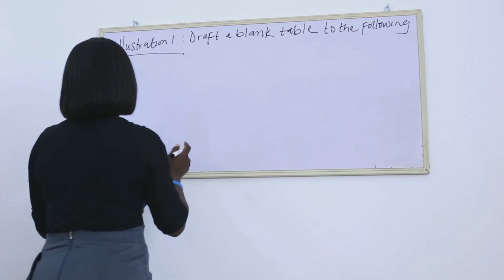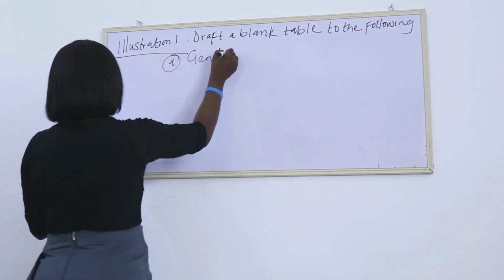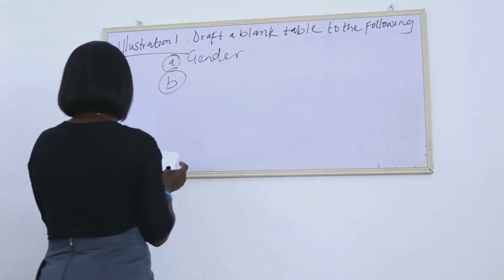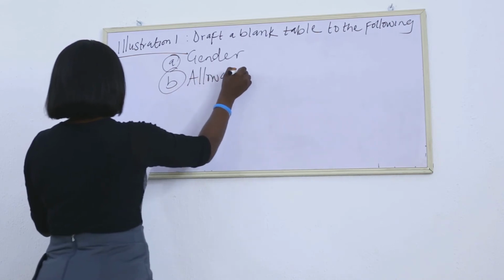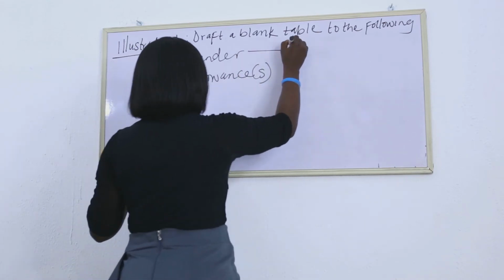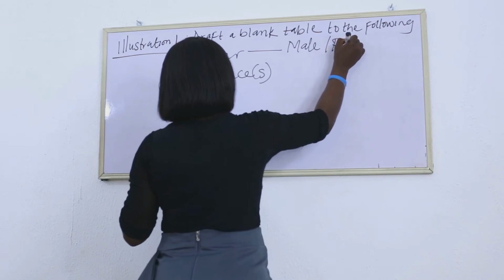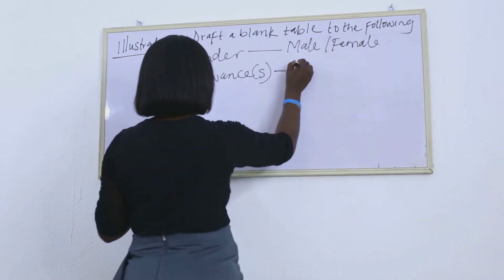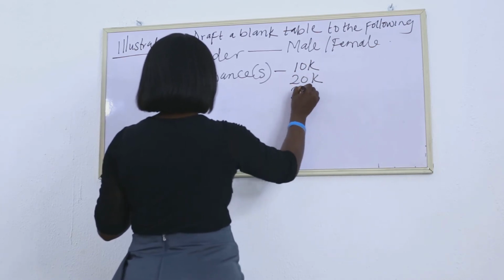The first thing you are showing on that table is gender. The second thing you are showing on that table is the allowance or the allowances. And don't forget, gender can either be male or female. So that's two things. Then the allowance: the first allowance we had was 10k, the second one is 20k, and the third one is 30k.